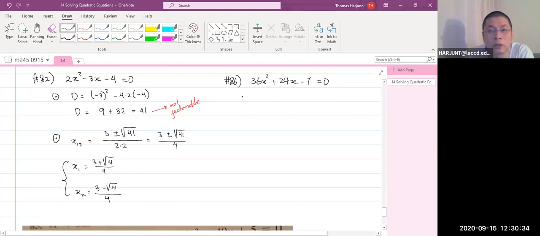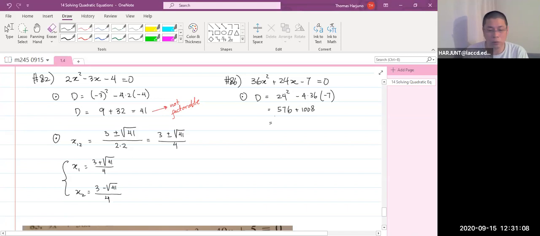So let me try the discriminant first. That would be 24 squared minus 4ac. I don't think it's factorable. 24 squared is 576. 4 times 36 times 7 is 1008, not 1000.